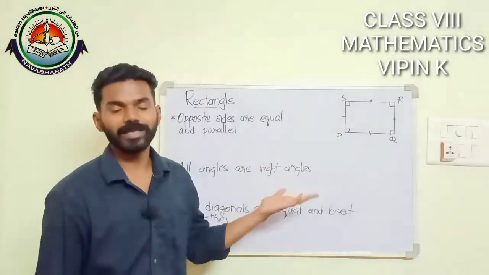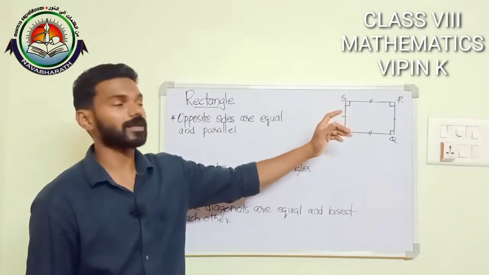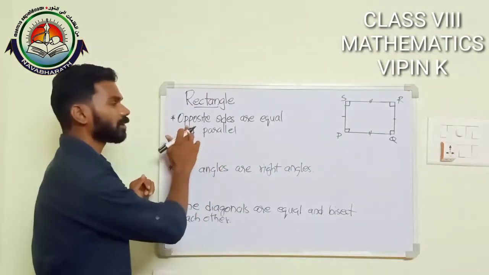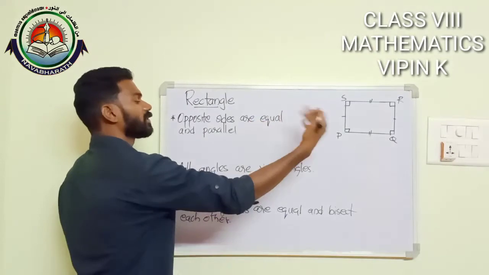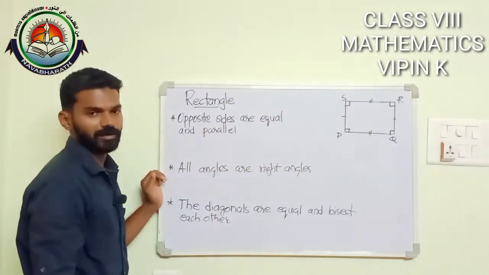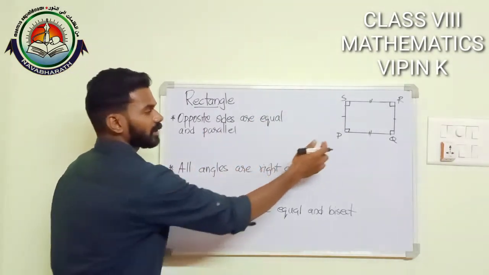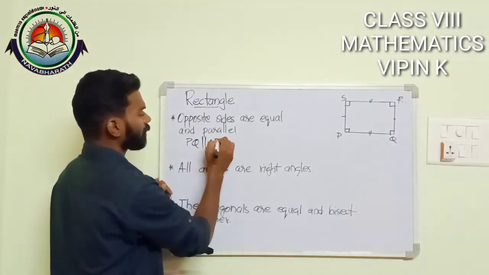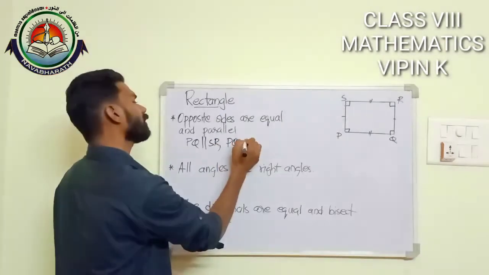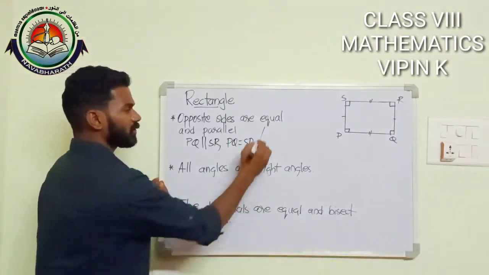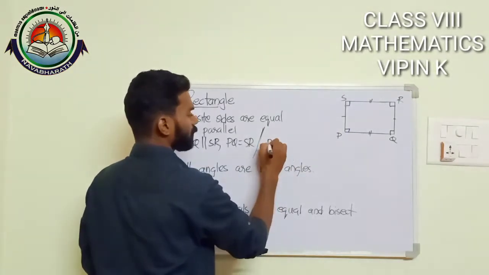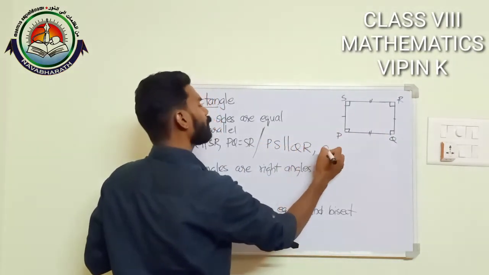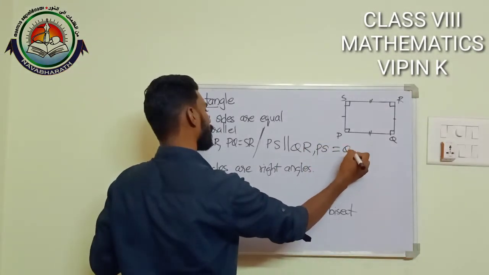Okay, now let's check out the other features of a rectangle. The basic feature of a rectangle is that opposite sides are equal and parallel. Which are the opposite sides? The side PQ is parallel to SR, and also PQ equals SR. Now the next pair, PS is parallel to QR, and also PS equals QR.